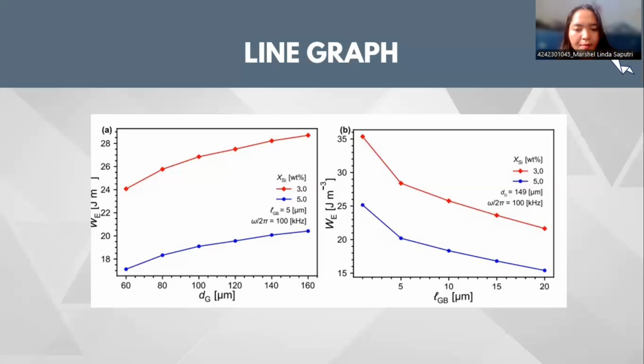Figure B indicates that V decreases as the grain boundary thickness IGB increases. Under the same conditions, the 3.0 wt% Si sample maintains higher energy density values.